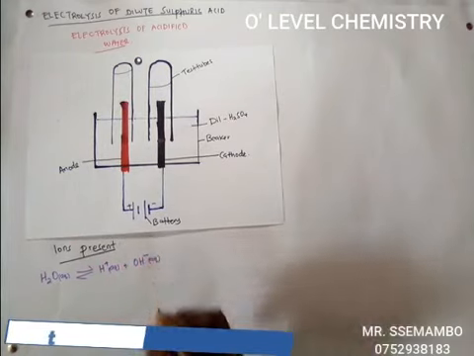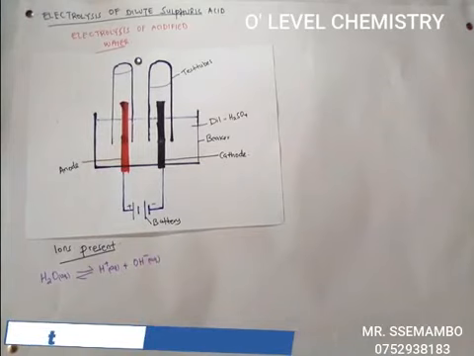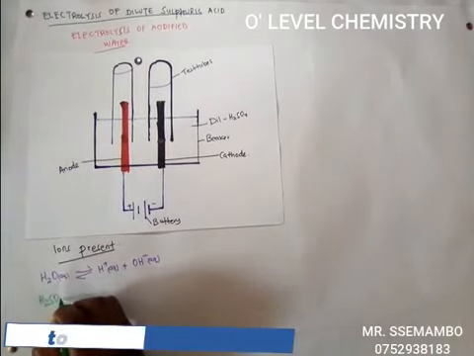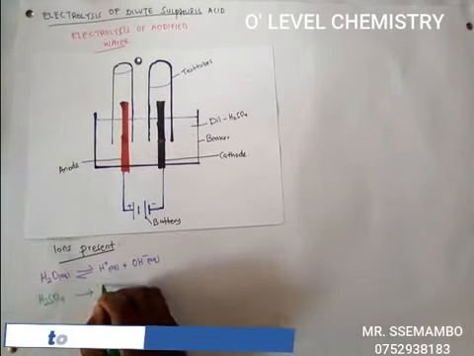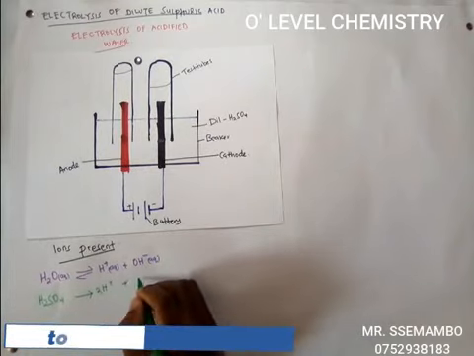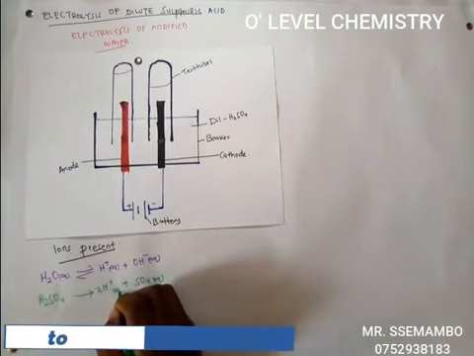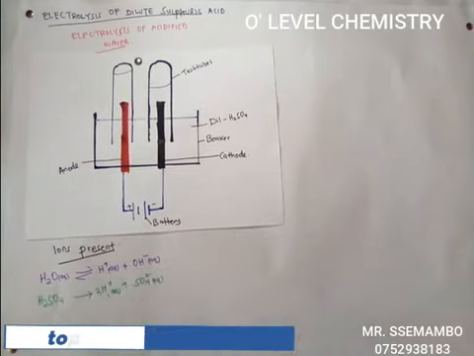So water ionizes in that form to give us the hydrogen ions and the hydroxyl ions. Then secondly, we have sulfuric acid also ionizing to give us the hydrogen ions, two of them, and the sulfate ions, which are also aqueous. So those are the ions present.